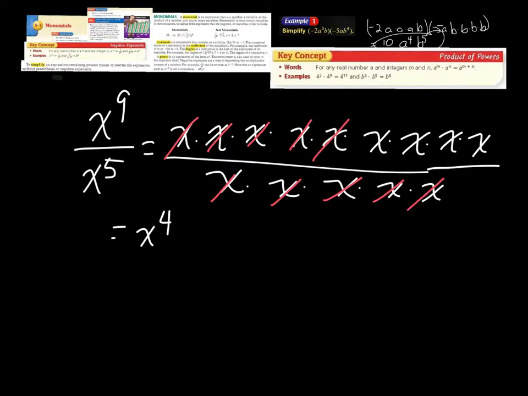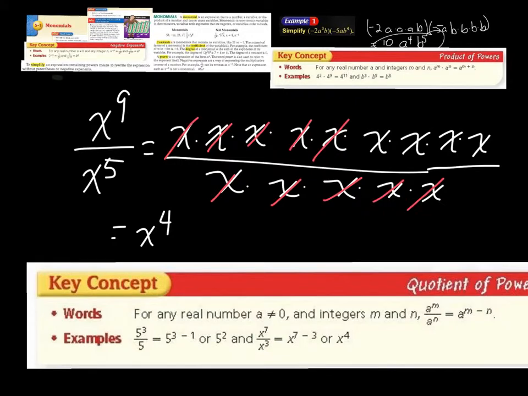So power divided by a power, we subtract exponents. For any real number a not equal to 0 and integers m and n, a to the m divided by a to the n is a to the m minus n. 5 cubed divided by 5 would be 5 to the 3 minus 1, or 5 squared. X to the 7th divided by x cubed is x to the 7 minus 3, or x to the 4th.